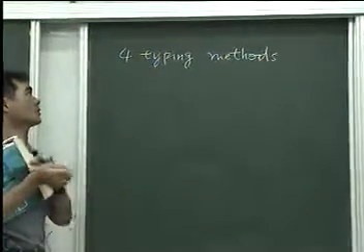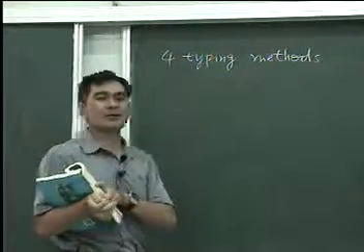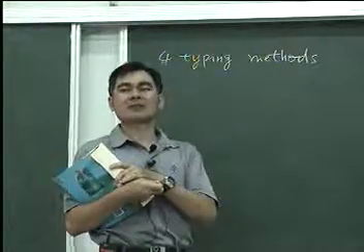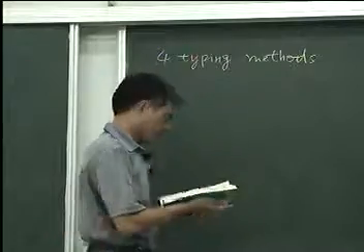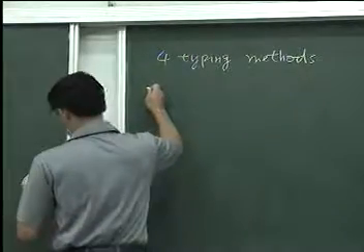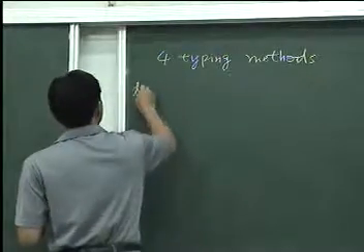We are looking at 4 typing methods. It's like we are looking at 4 different machines, okay? And this is what we have, deviation, right?